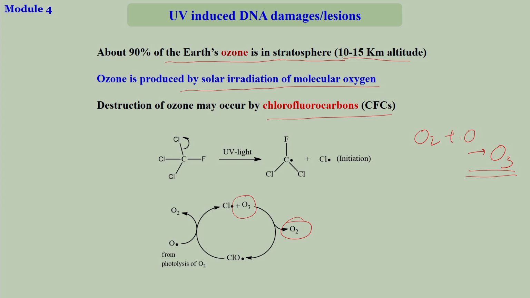And as I said, the temperature in the stratosphere was getting colder, that further accelerates the radical reactions. So, it helps the destruction of the ozone layer. And since the ozone layer is depleting, now the UV radiation is reaching the earth, and that is the real problem.